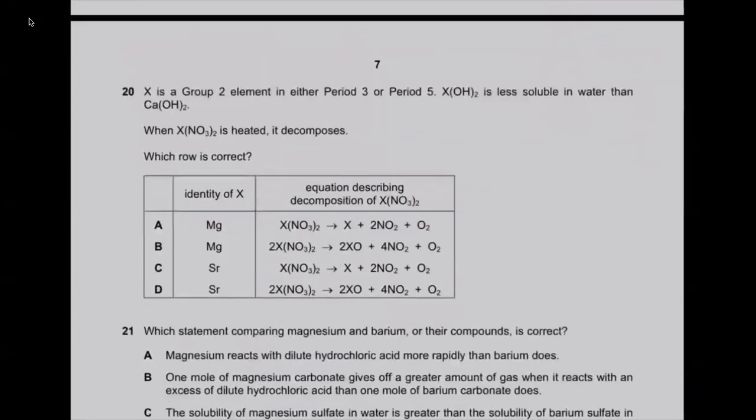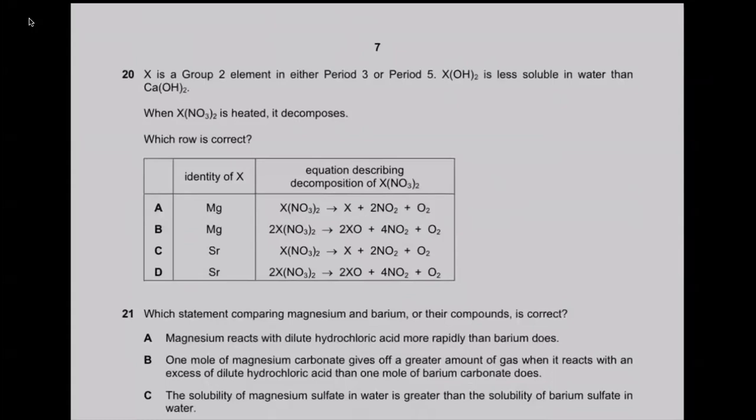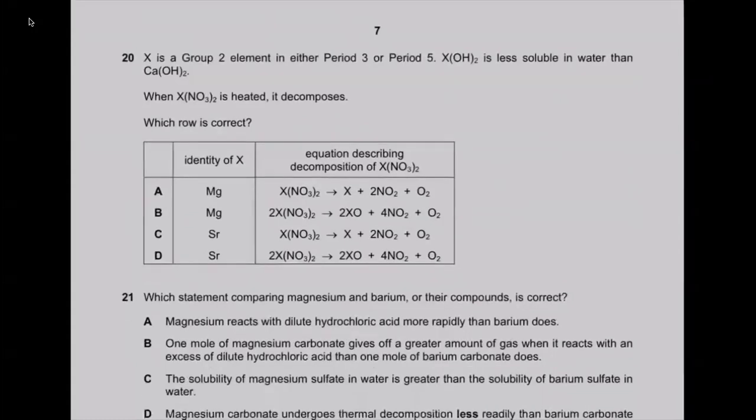Now MCQ number 20. X is a group 2 element in period 3 or period 5. X hydroxide is less soluble in water than calcium hydroxide. X nitrate, when heated, decomposes. Which row is correct?